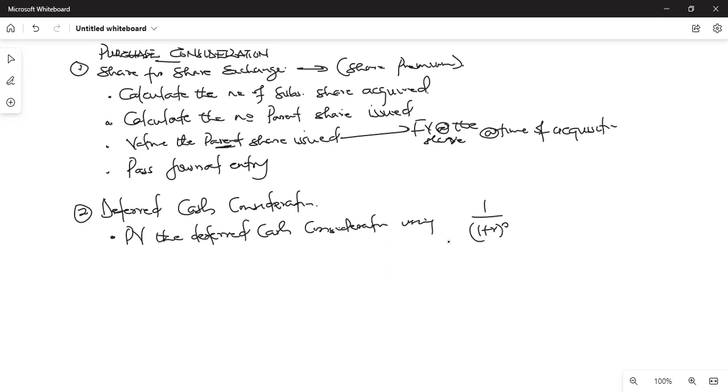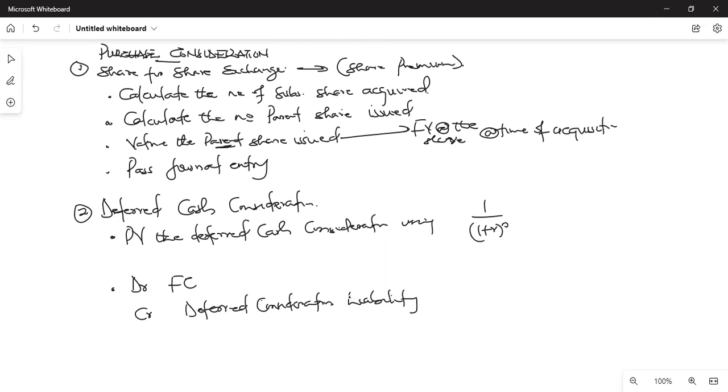And then subsequently, you need to debit finance costs and credit deferred consideration liability. So that is what you're going to be doing.